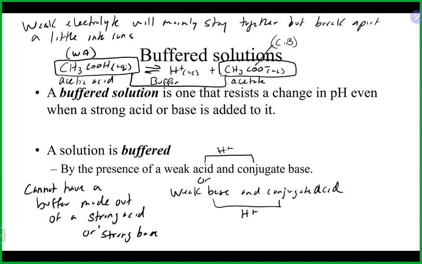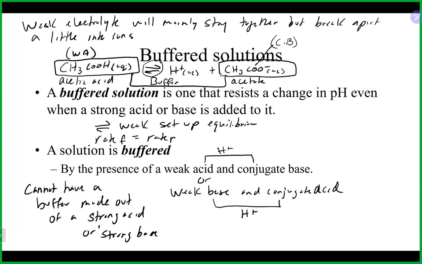Why is that important? If you remember that we have these arrows that head in both directions, that is a reversible reaction, and that sets up an equilibrium. So when we have something that is weak, it will set up an equilibrium. And what that means is the rate of the forward direction will equal the rate of the reverse direction.